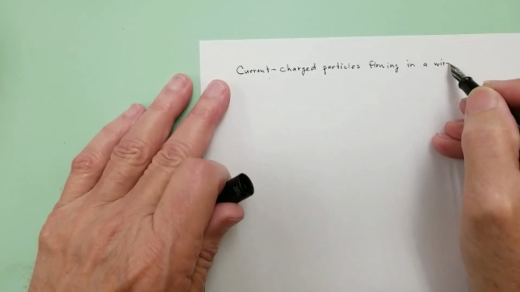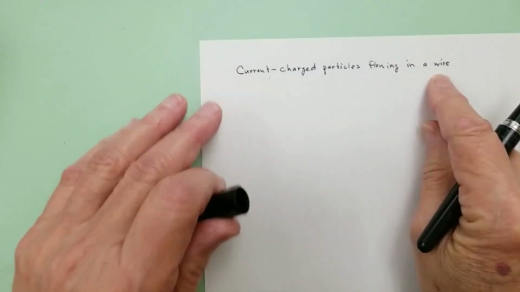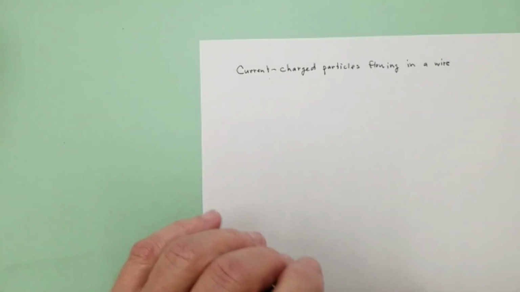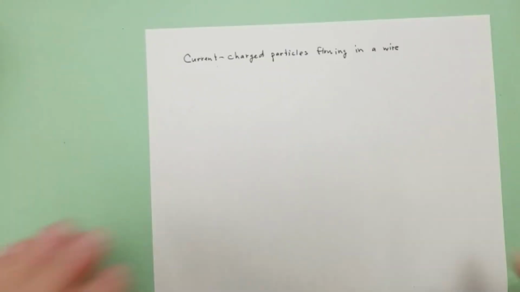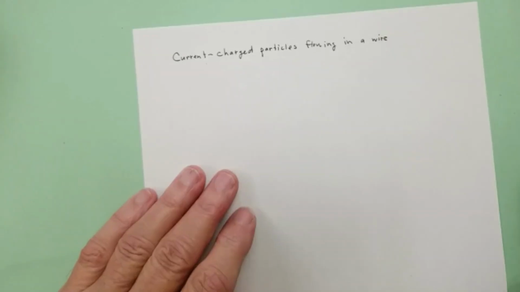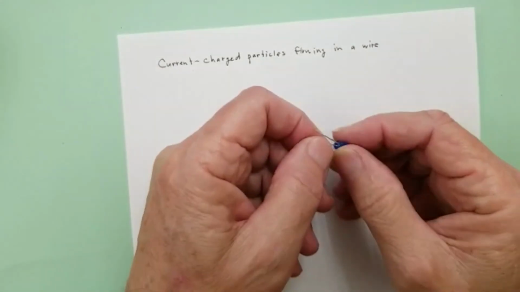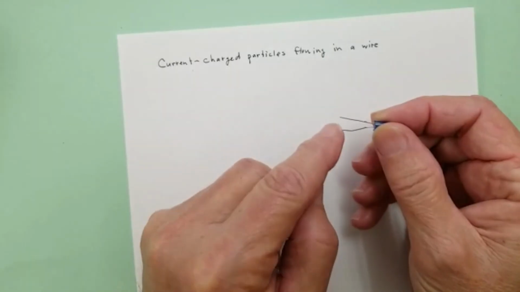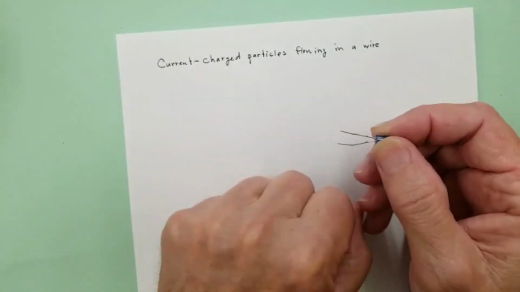Now, it doesn't have to be a wire, it just needs to be something that allows the current to flow. So when this is activated, there is current flowing in one side and out the other side.